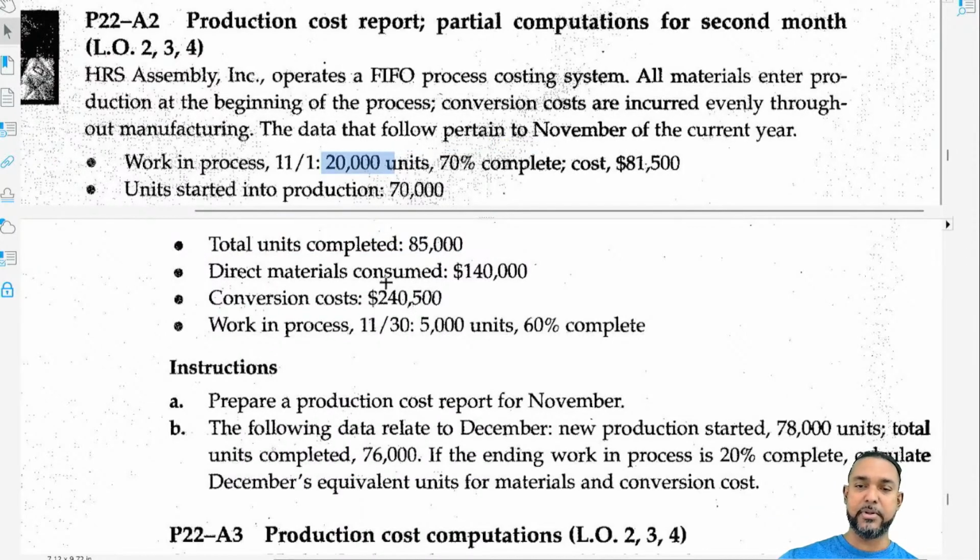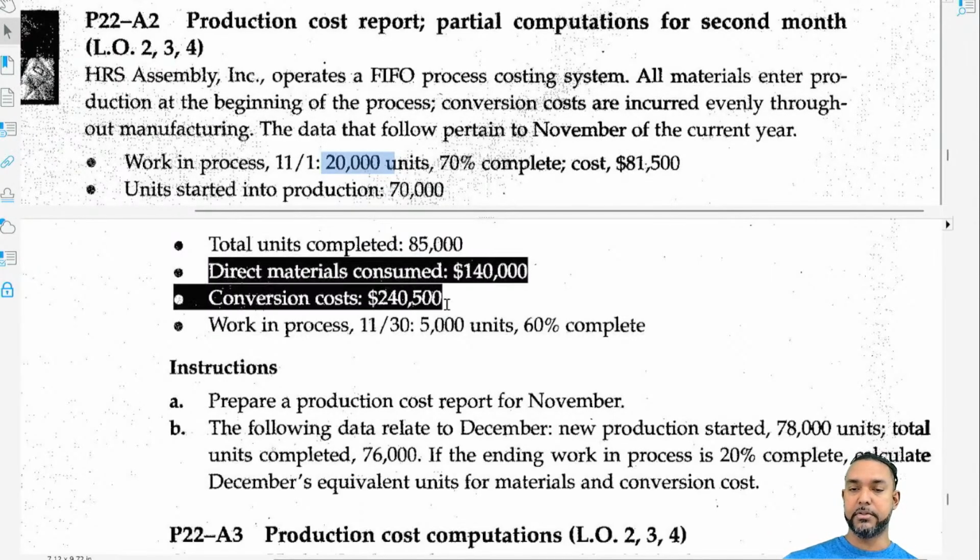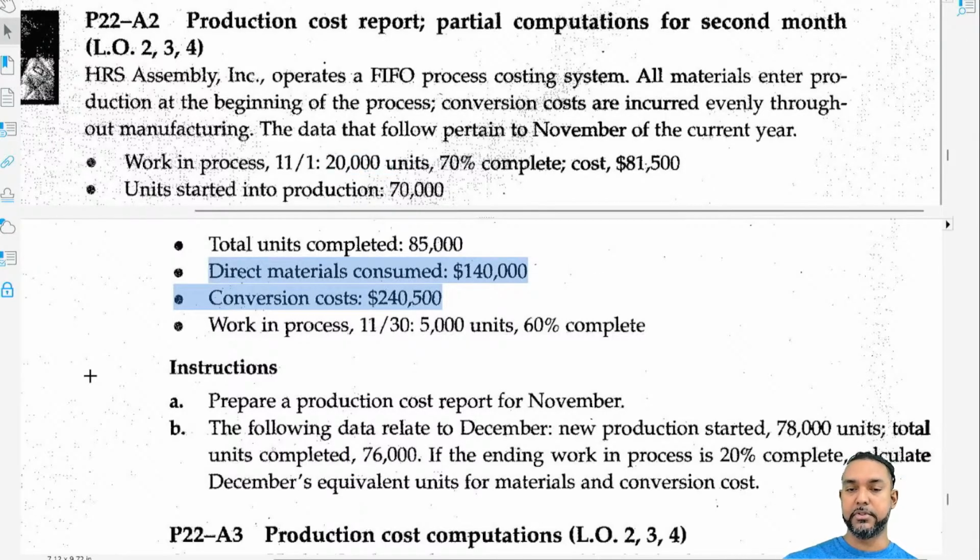That's an easy split. If in this 85 you have to have this 20, then all you have to do is find the difference, 85 minus 20, and you'll find the number of units started and completed. And then you have your current period's cost, direct materials consumed 140, conversion cost 240.5. Then you have 60% complete.